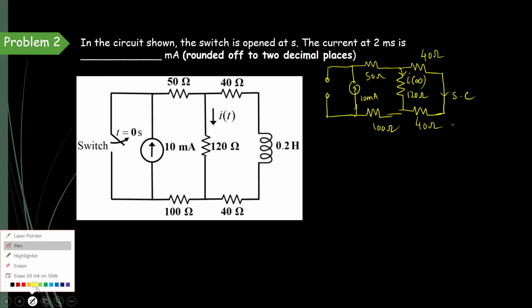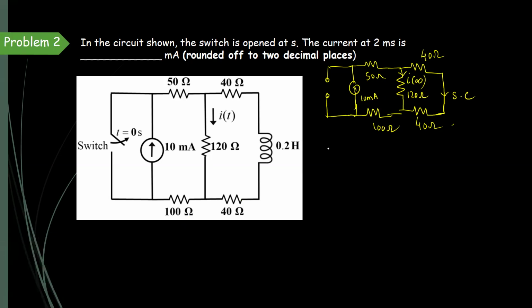Now by using the current division rule, we can find I of infinity, the current passing through 120 ohms. The total current is 10 milliamps times the opposite resistance, 40 plus 40, 80, over the total resistance, 80 plus 120, 200. So 4 milliamps. This is the final current.